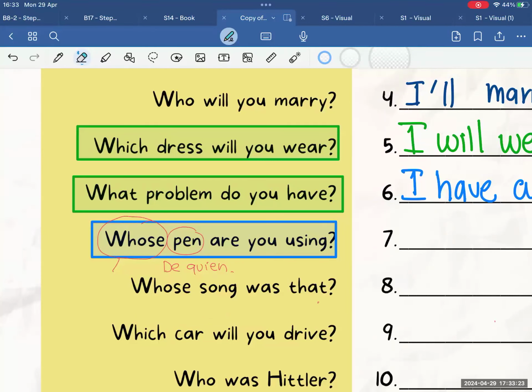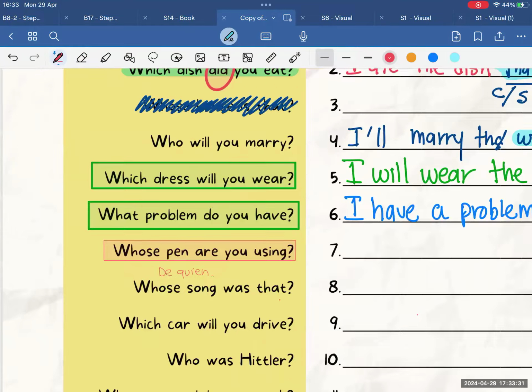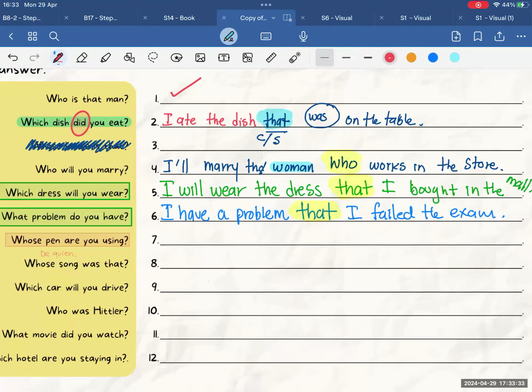Okay. So the question is, whose pen are you using? La pluma de quién estás usando? How do you answer that? You can say, I am using the pen that, or which, depending, right?